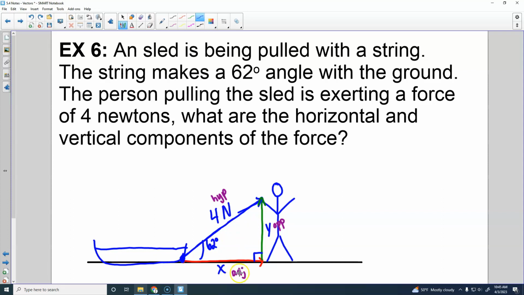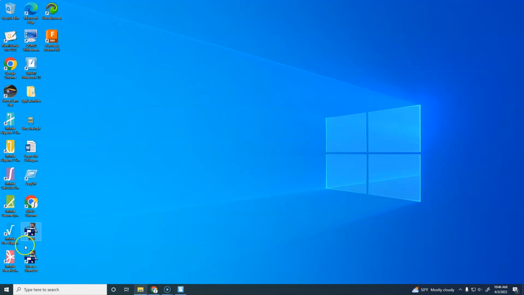So for horizontal, I would have adjacent, and I know hypotenuse is 4, so I would do cosine. So I would do cosine of 62 degrees is X over 4. And that's a pretty simple solve. Just multiply both sides by 4. Might have closed my calculator out.